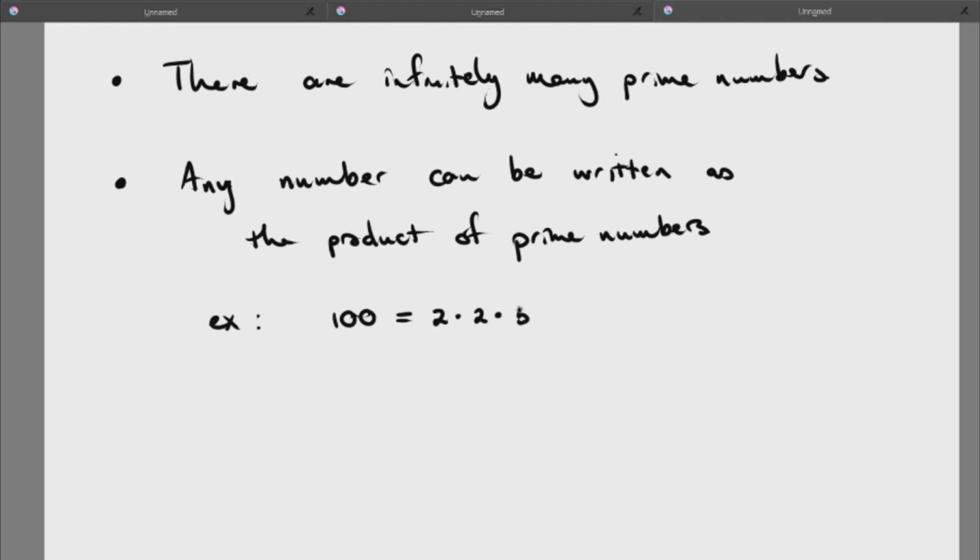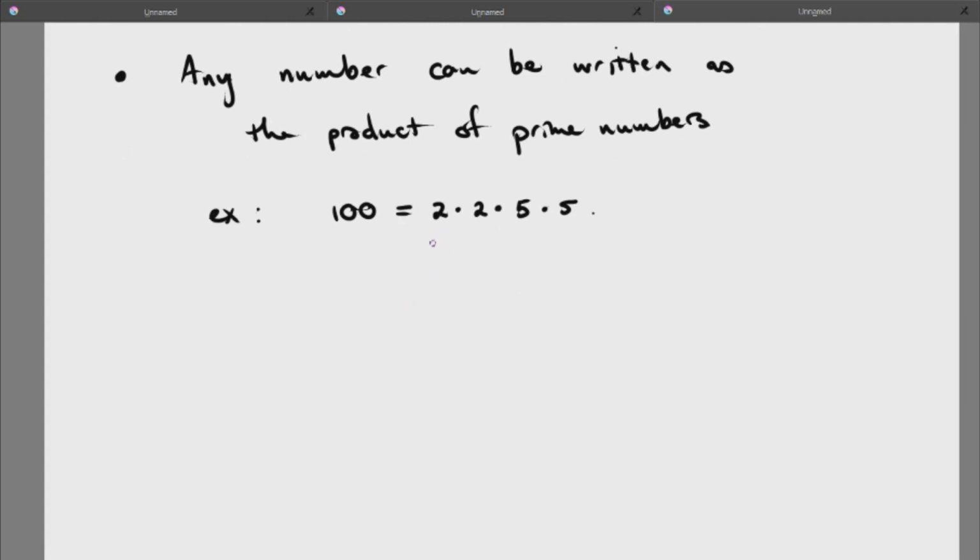So, for example, let's take 100. 100 can be written as 2 times 2 times 5 times 5. Any number I can do that with.